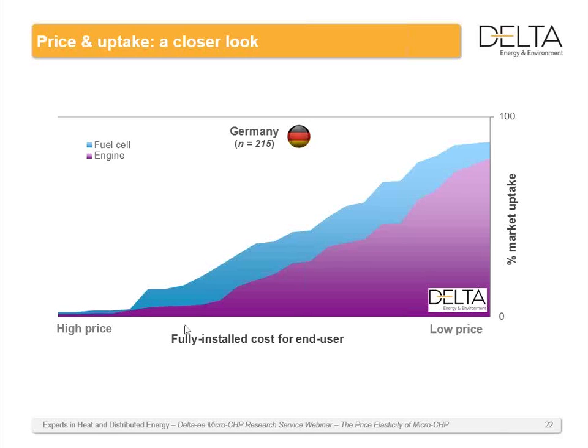Of course, there's then a margin depending on whether the product goes through wholesale or direct to the installer. And again, the installer will take their piece of the pie as they install it for the end customer as well. So prices are variable, but at the moment we assume about 55% of the fully installed cost for the end user in the UK is just based on the selling price of the micro-CHP system.